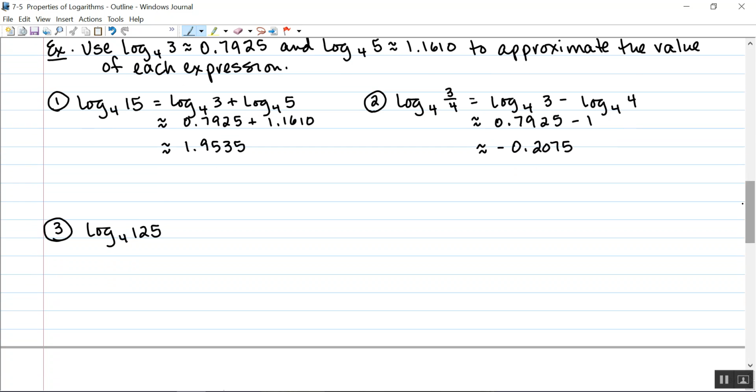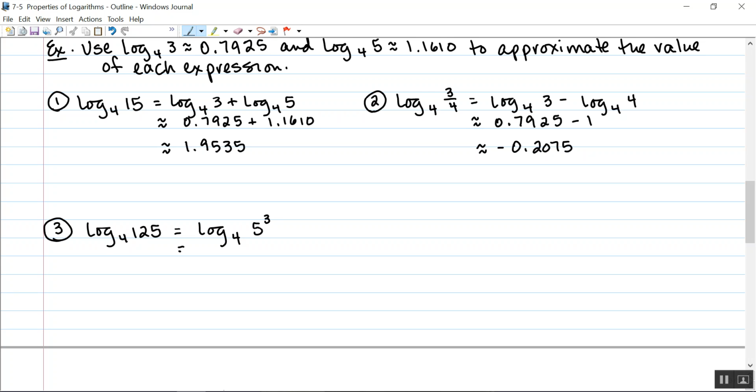And my last example here, log base 4 of 125. I was trying to think, well, what could that be? 3 times 5 doesn't equal 125. But I can rewrite this as log base 4 of 5 to the third power, because 125 is 5 cubed.